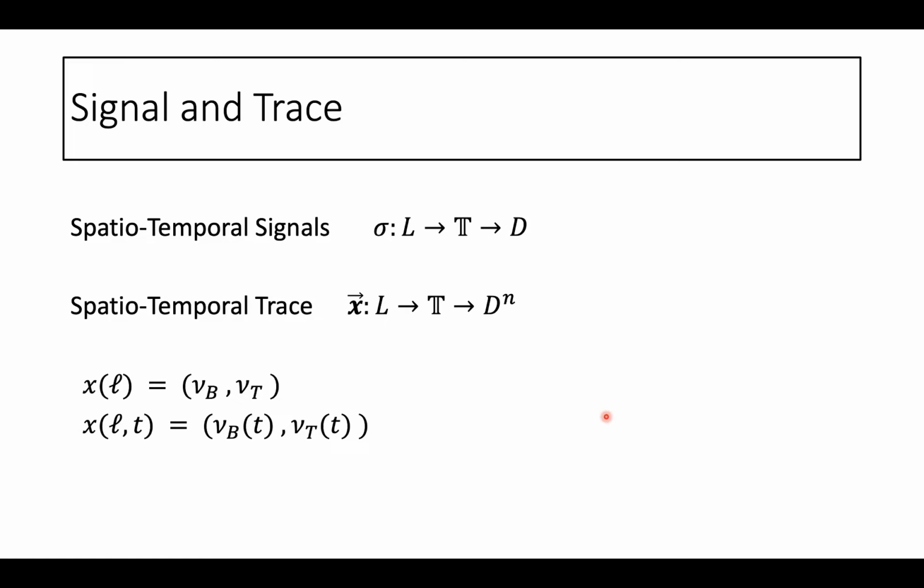And finally, we define the signal and the trace. The signal is just a function that associates to each location a temporal signal, where D can be different things: it can be a Boolean set, or a real value, or maybe also integer values. So you have different possible signals: a Boolean signal, a quantitative signal, or an integer signal.